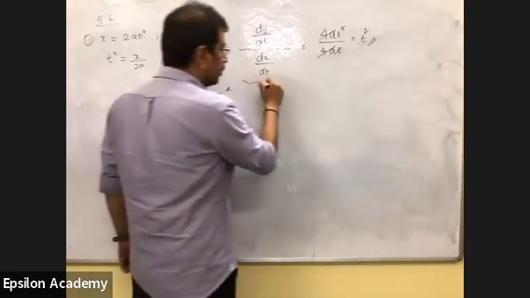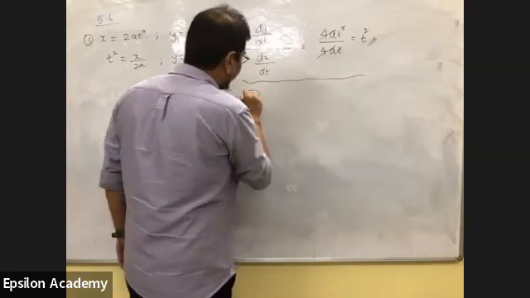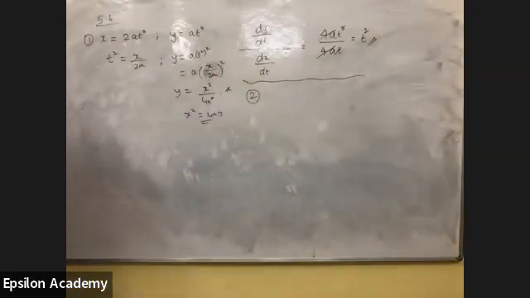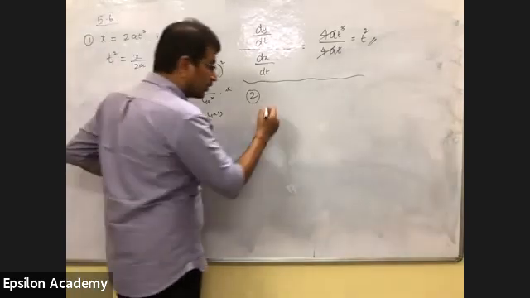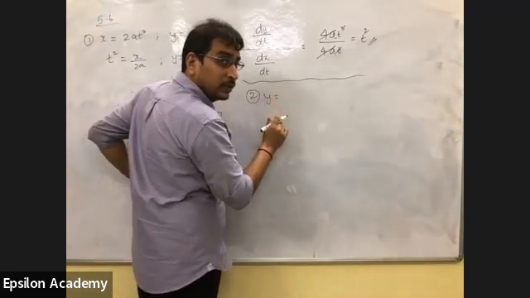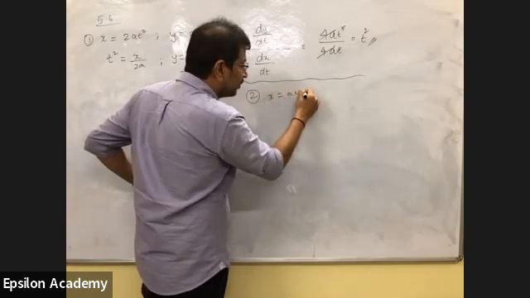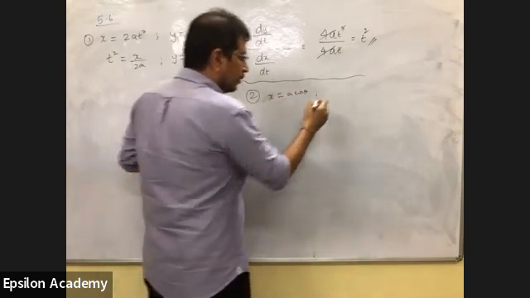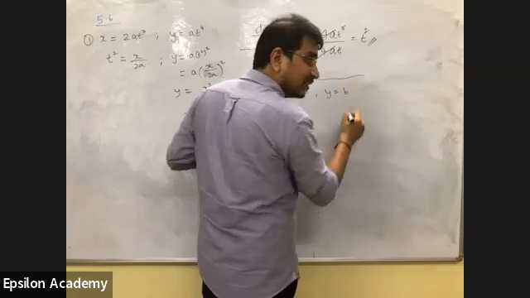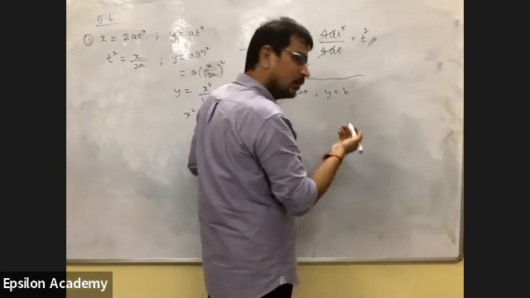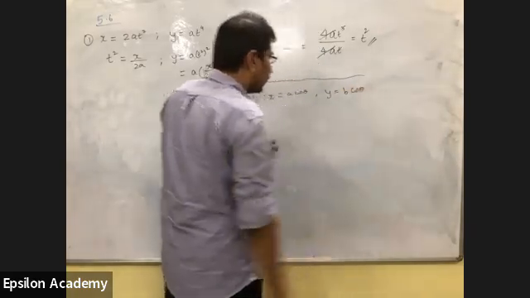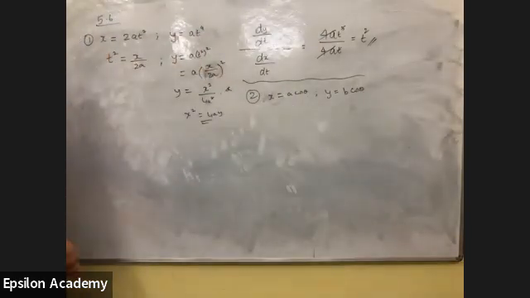Okay. So with the same knowledge, second one, tell me what is the first one? X is equal to a cos theta, y is equal to b cos theta. What curve is this? B cos theta or b sin theta? You yourself tell me.